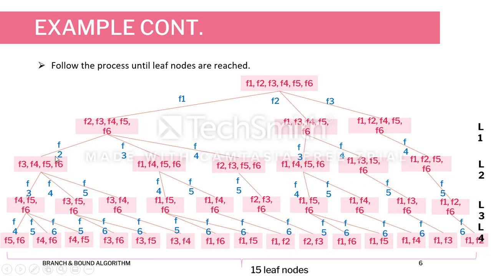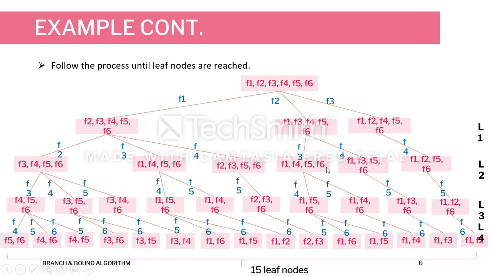For example, this is the child node I created earlier with the features F2, F3, F4, F5 and F6. I removed F2 and created this node, I removed F3 and created this node, and I removed F4 and created this node. Likewise, I have removed one feature each time and created these. So that is level 2.